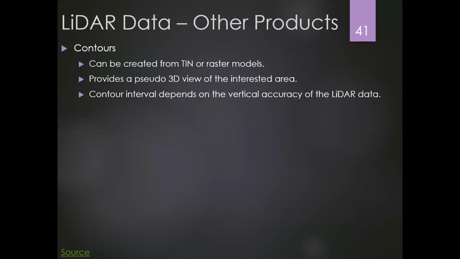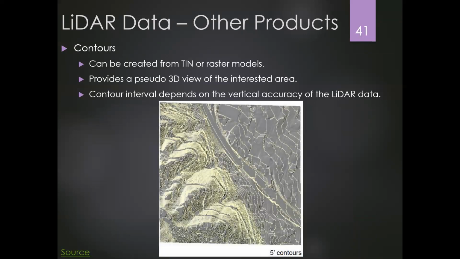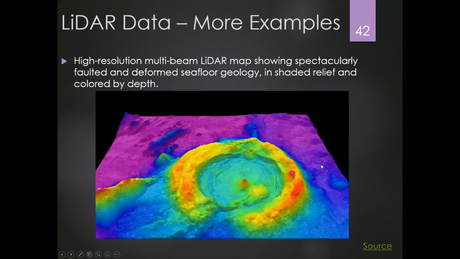And of course, we can create contour lines because again, it's elevation, right? This is a contour line map of the same image I showed you multiple times before. And more examples here.